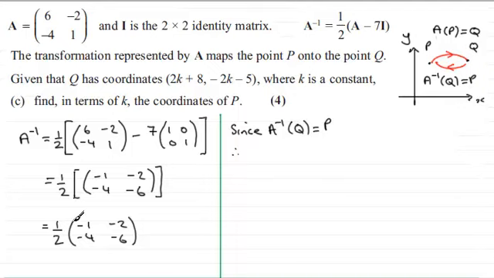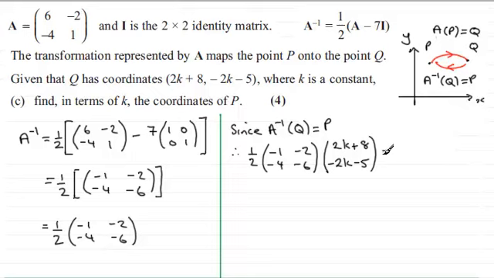The inverse of A then is this matrix, so we've got a half multiplied by minus 1, minus 2, minus 4, minus 6, and we're multiplying this with Q. So Q has these coordinates, but we have to write it as a column vector here: 2k plus 8 and minus 2k minus 5. Okay, and we know that it should come back to the point P, which I'll say has coordinates x, y.